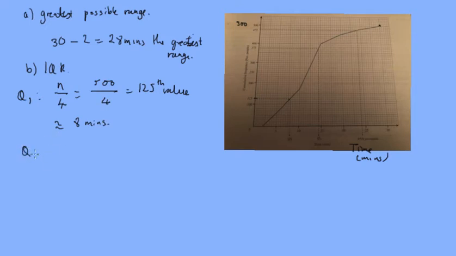Then for Q3 we do the same. We're going to do 3n over 4, which is 3 times 500 over 4, the 375th value, which is up here.